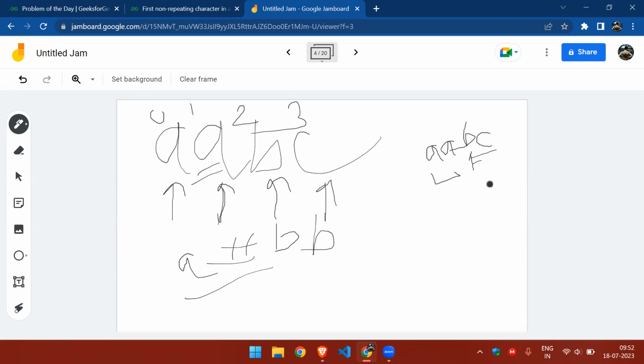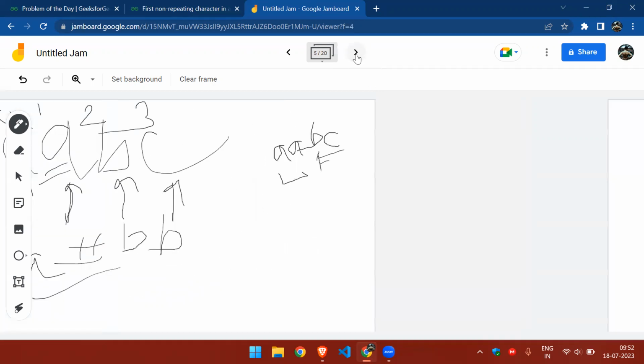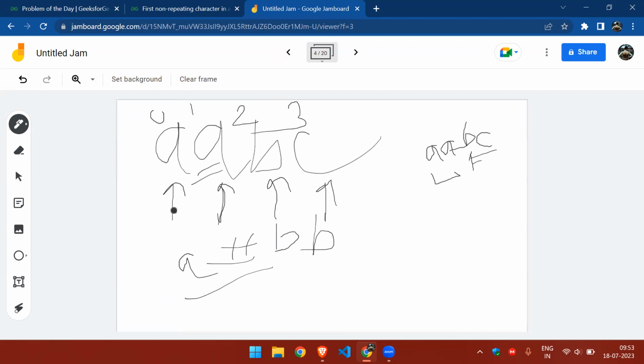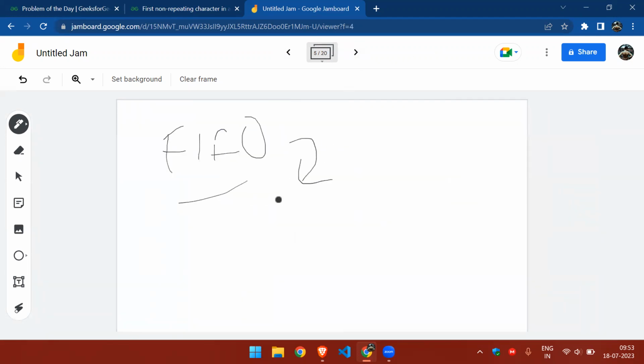So I get the intuition to use the queue, since it follows first in, first out fashion. Whichever element comes first in the queue will be included in my answer. And to keep a record of the frequency of an element, which means the number of times the element has occurred, I will use a frequency array.